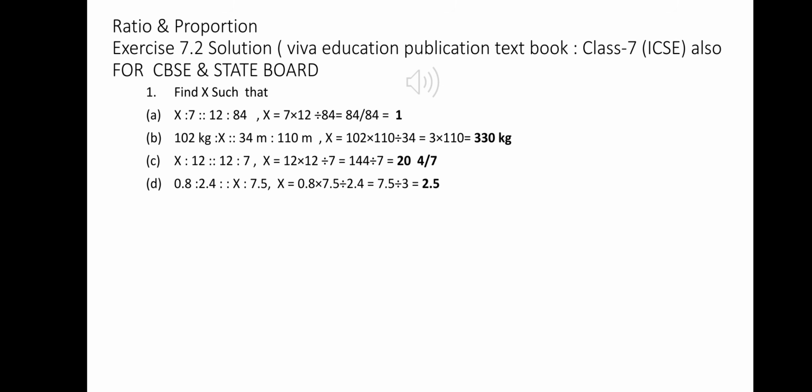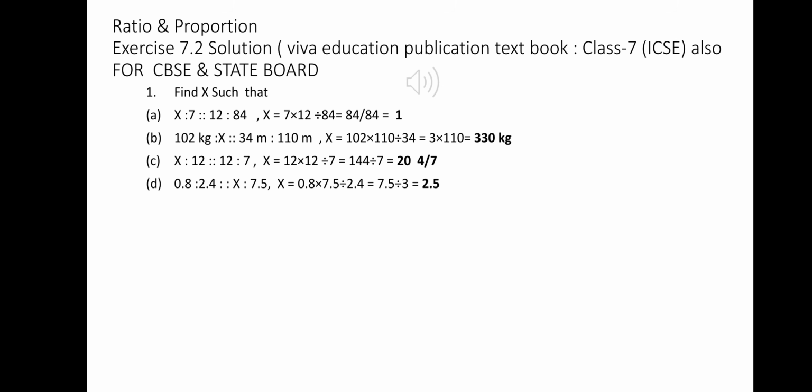Third question, x is to 12 is to 12 is to 7. So x is equal to 12 multiplied by 12 divided by 7, which gives 144 divided by 7, which is nothing but 24 upon 7. D question, 0.8 is to 2.4 is to x is to 7.5.